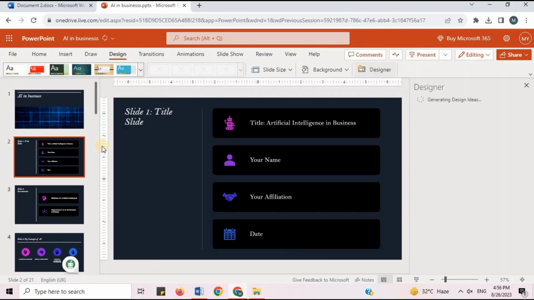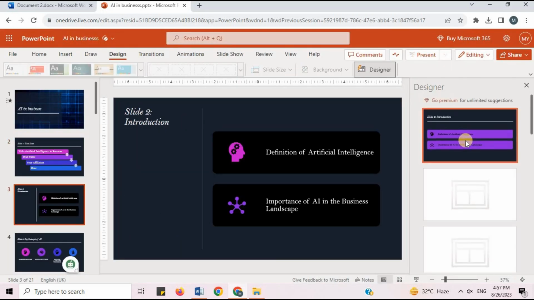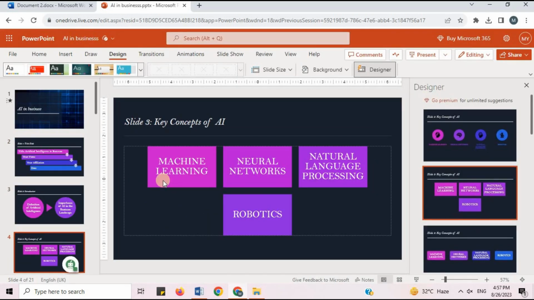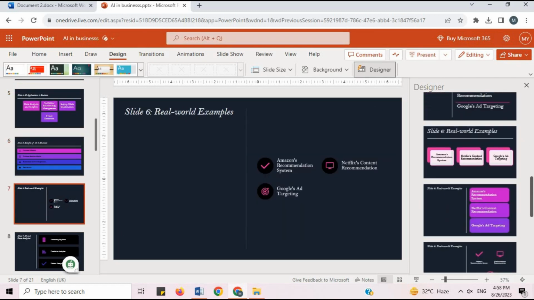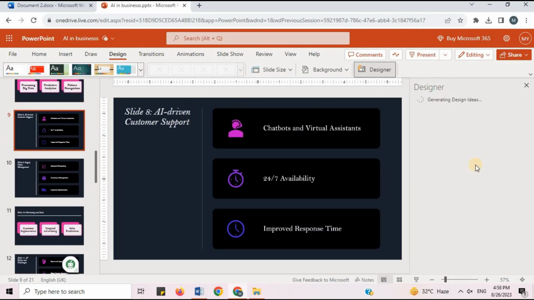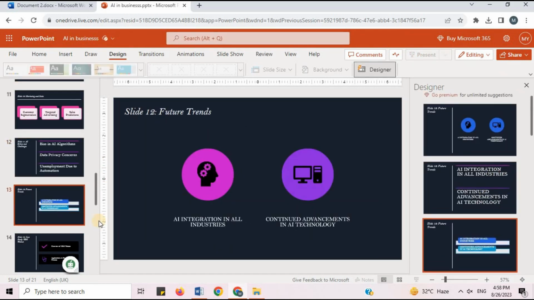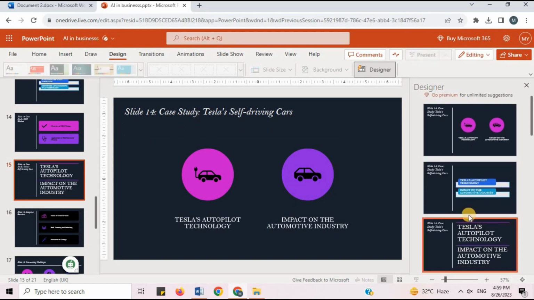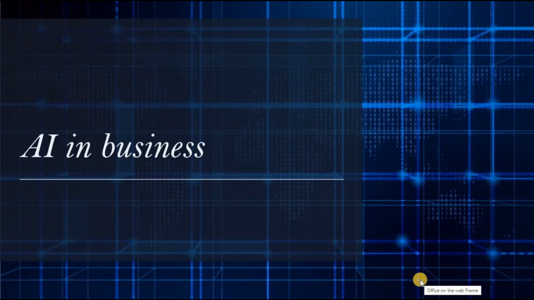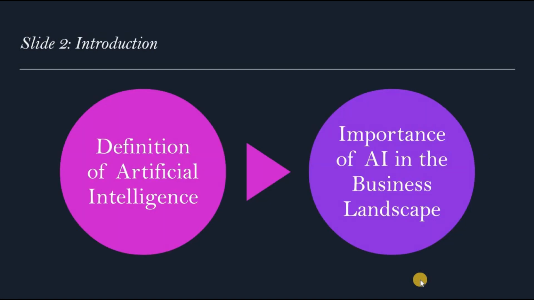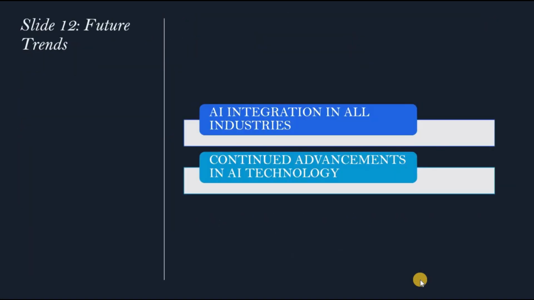Click on Designer. In this way, you can choose any design from Designer. Choose design on each slide according to your preferences. In this way, our presentation is ready on the topic Artificial Intelligence in Business.